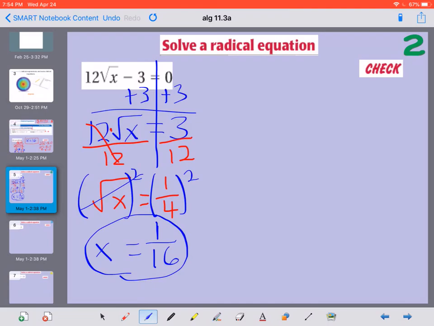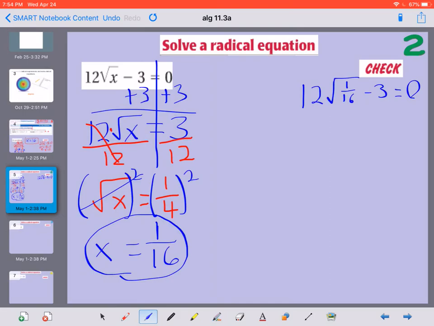Now we need to check that to see if we are right. So what we're going to have then is 12 times the square root of 1 over 16 minus 3 equals 0. Well, let's see if this works.